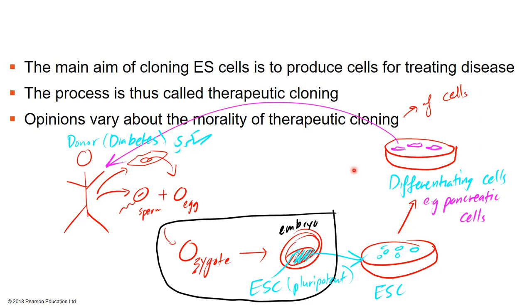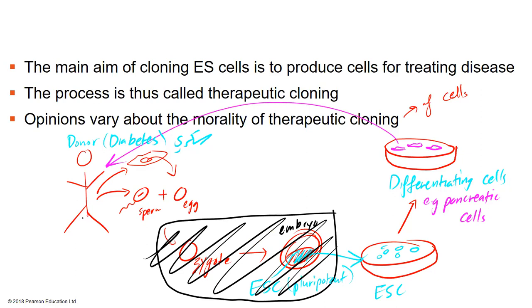Yes, Jinan, you can take somatic cells and convert them into pluripotent cells and maybe convert them into pancreatic cells, just like here. Okay? But without taking embryonic stem cells from, let's say, embryos.